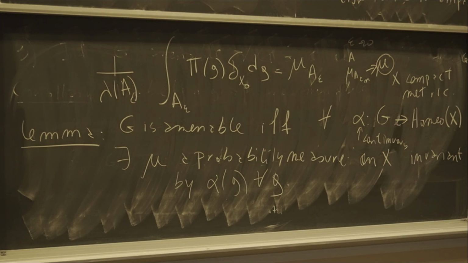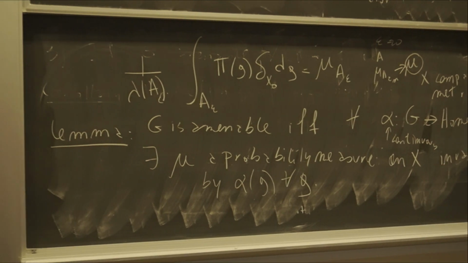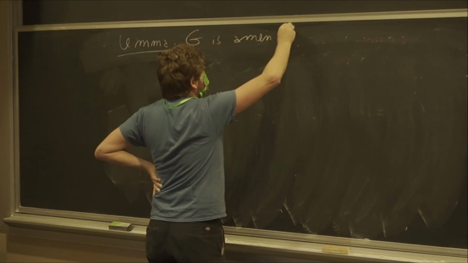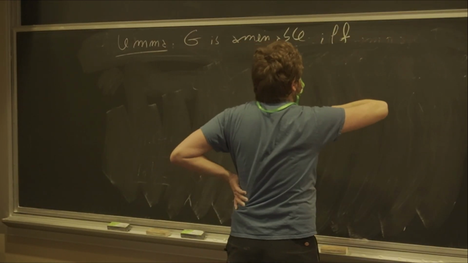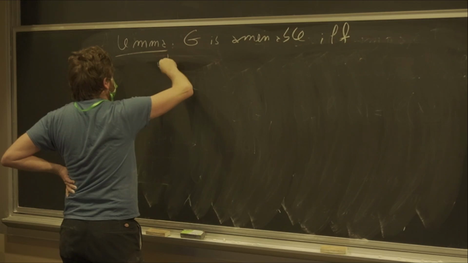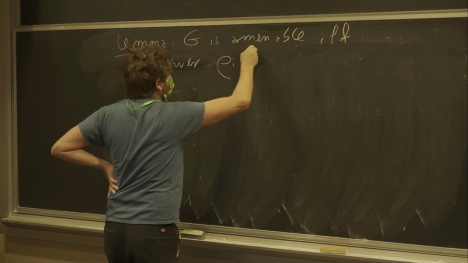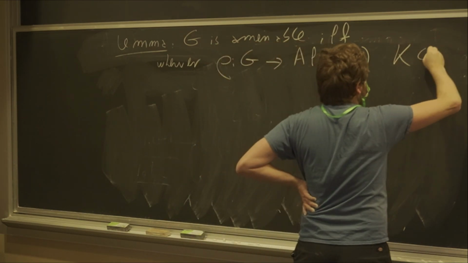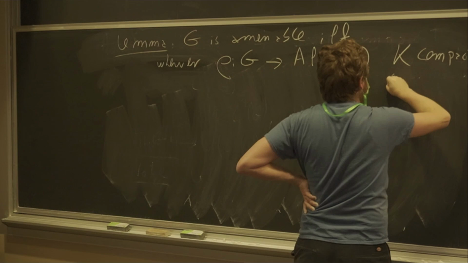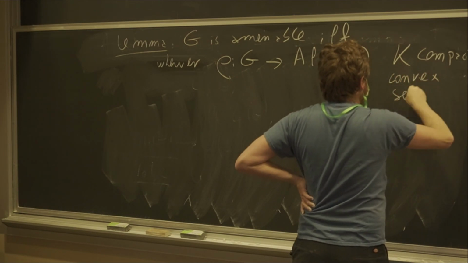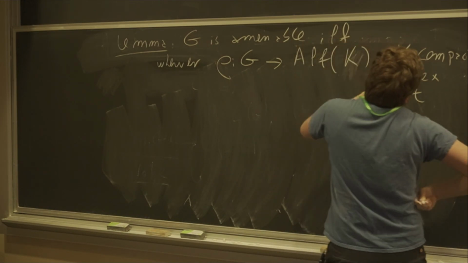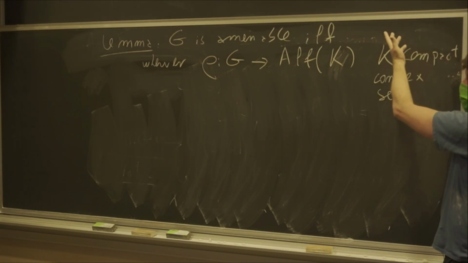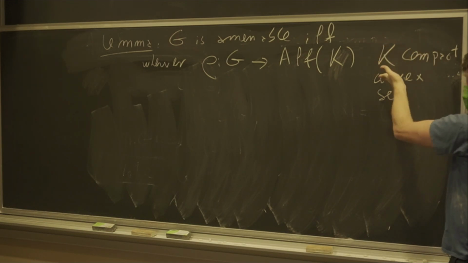So this other statement says the following: G is amenable if and only if, whenever rho, K compact convex set, and when I say compact convex, I'm assuming K is inside some topological vector space, and the induced topology makes it compact.